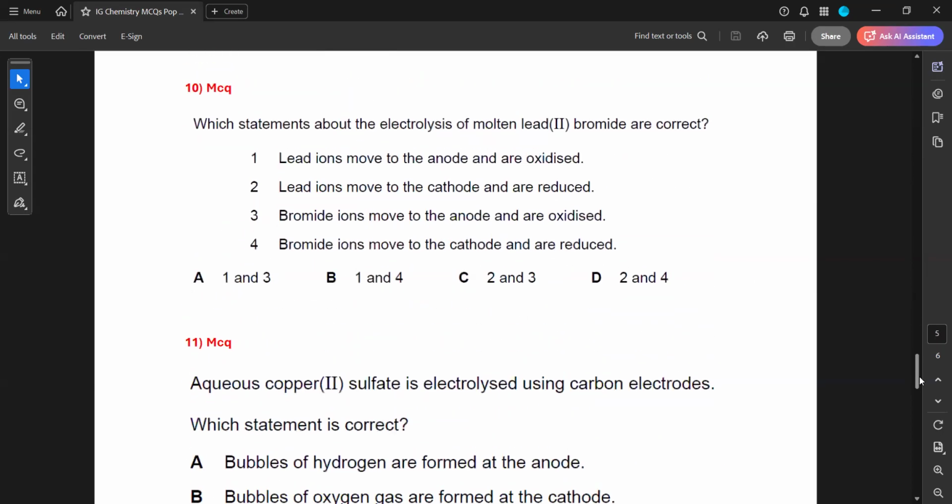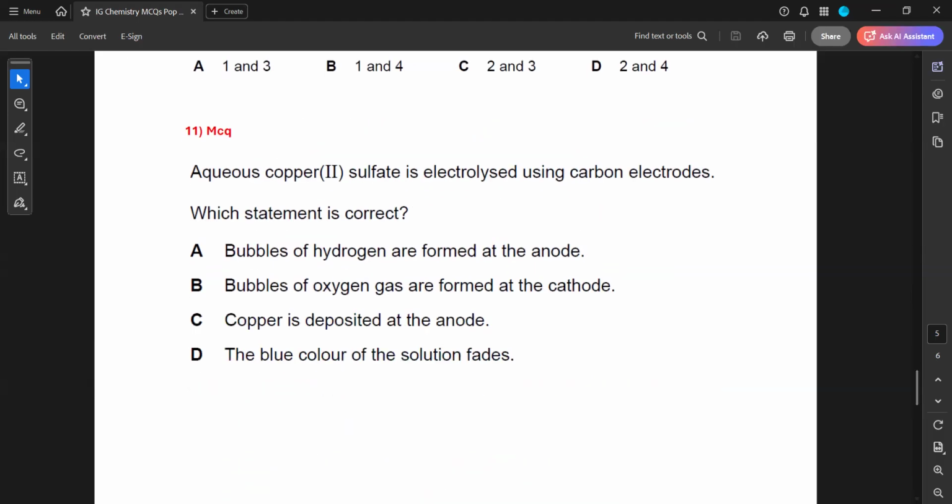Question 10, any doubt? The correct answer for this one is C. Question 11. Any doubt in question 11?